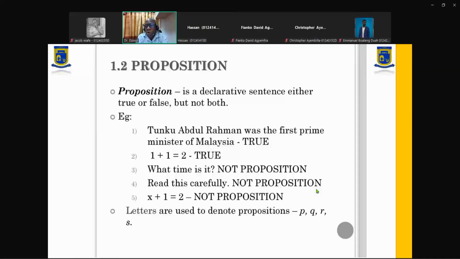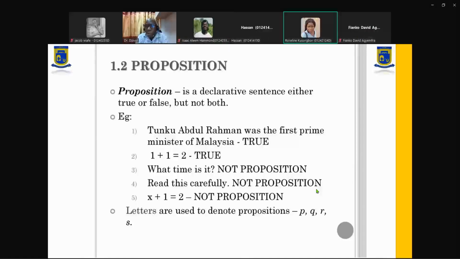Could it be true or false? It could be true or it could be false, depending on which Dr. Jivon you are looking at. So that is what we call a proposition. A proposition is such a declarative statement.